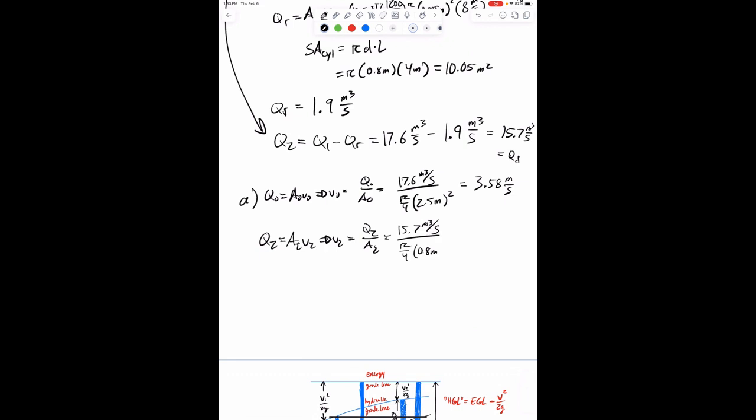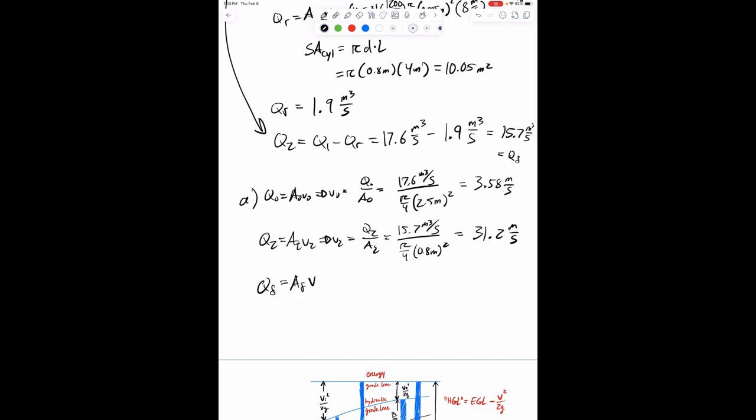That is equal to 31.2 meters per second.